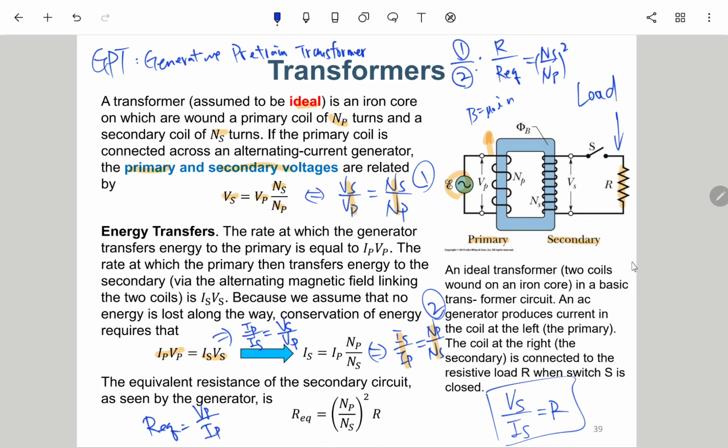On the secondary coil we have a resistance of R, but for the primary coil, the resistance seen is multiplied by the ratio of the number of turns squared. This thing we will call the impedance transformation.